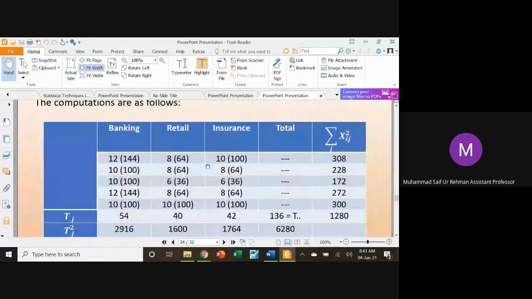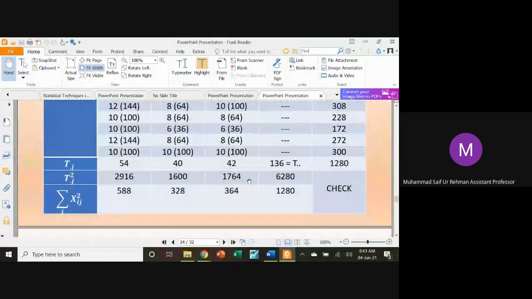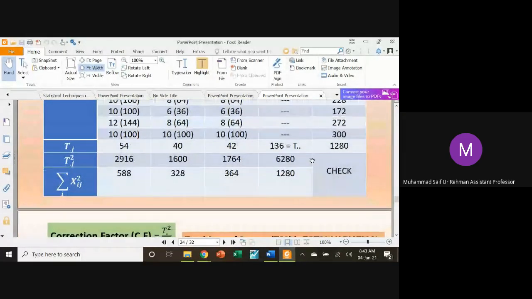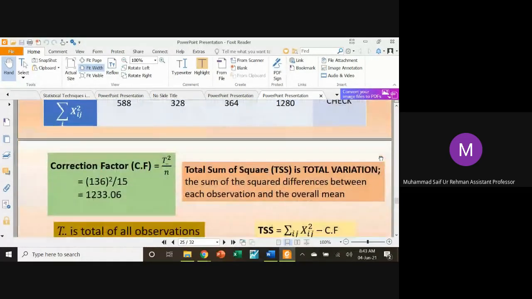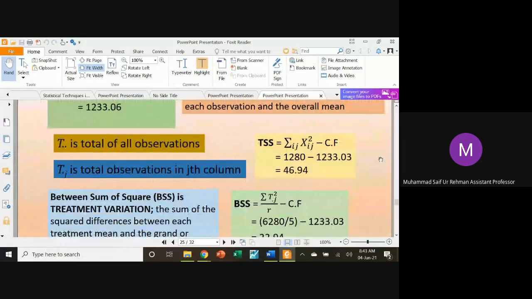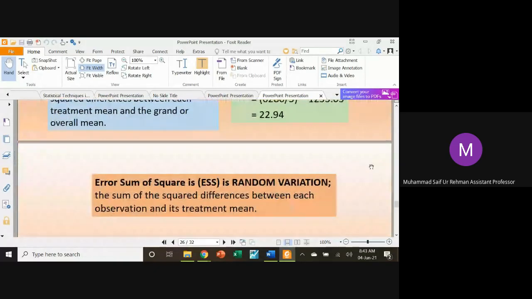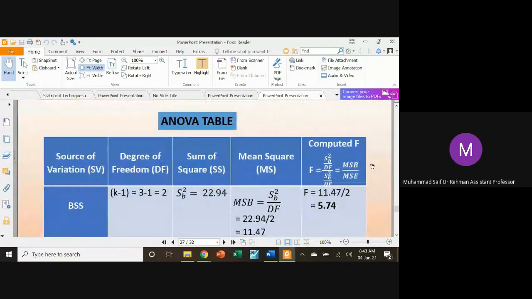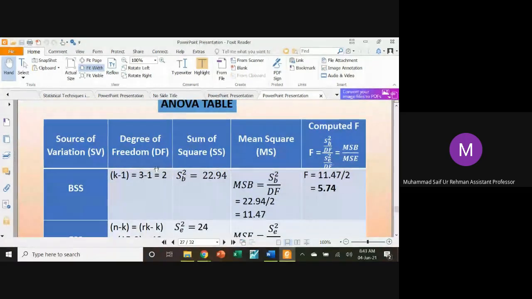So we took help of such a table, where we calculated the values that we used in the formula to find out the calculated value of F. So in detail you can find out these calculations and how I found F calculated over here. So finally I set the ANOVA table.